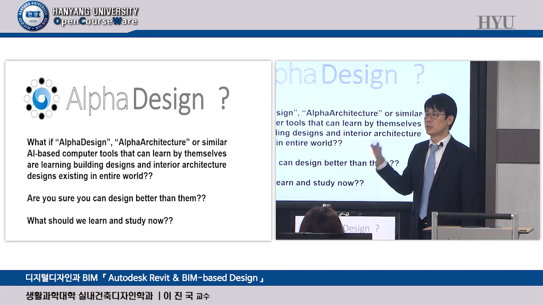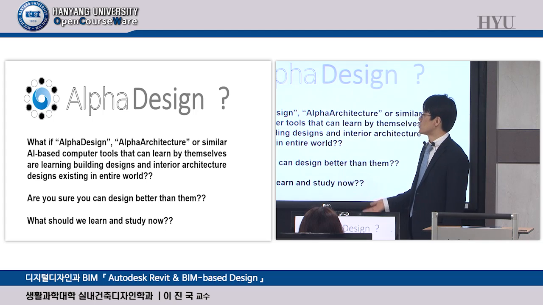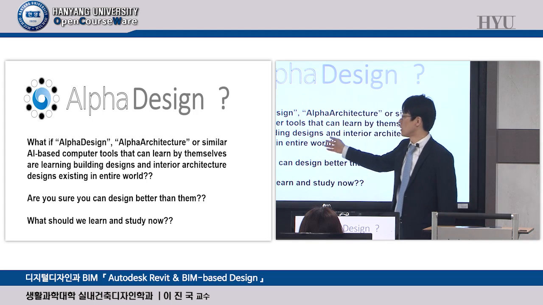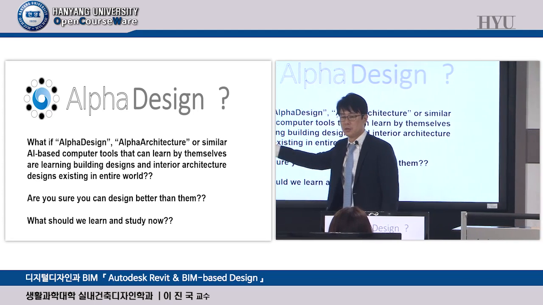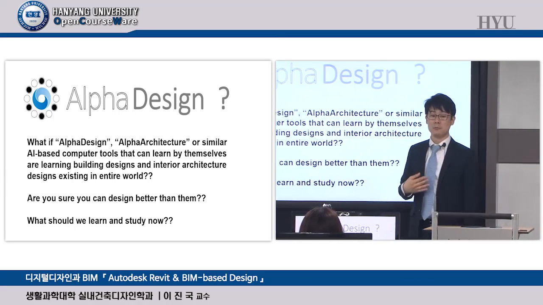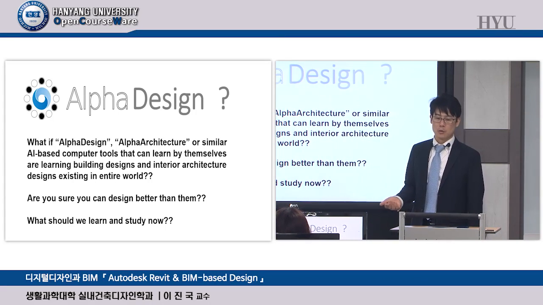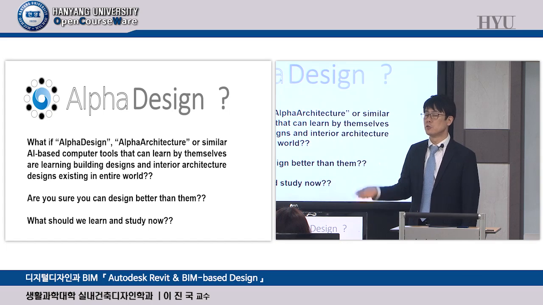Actually, currently I'm working on some part of this machine, okay? AI-based, artificial intelligence-based. Now I'm involved in automation of design rule checking for the building permit system of the Korean government.